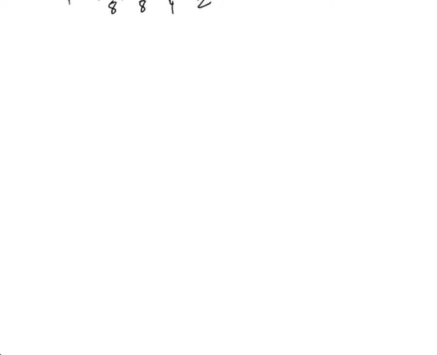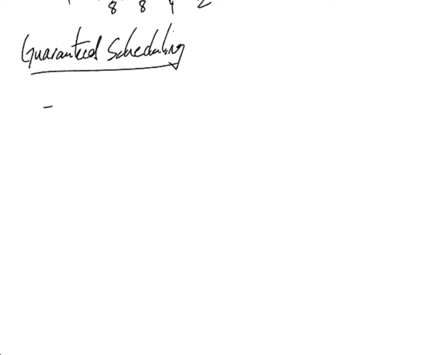Another approach is guaranteed scheduling, which is actually hard to implement in practice, but it's a good principle. If we have n processes, let's guarantee that each gets a 1 over n fraction of the time.